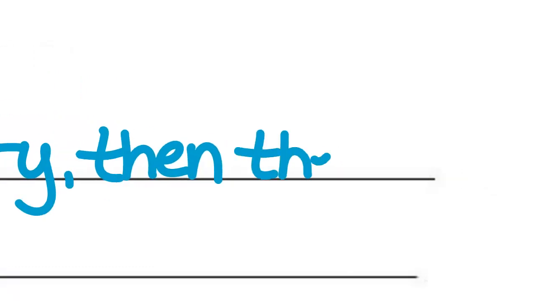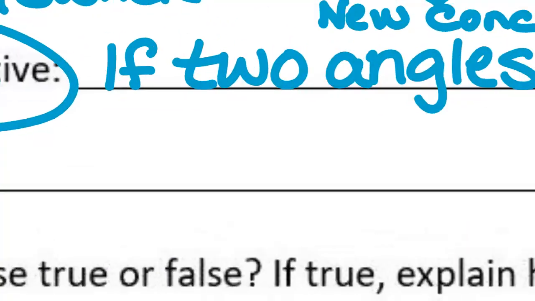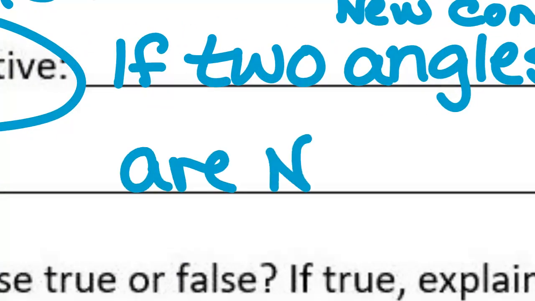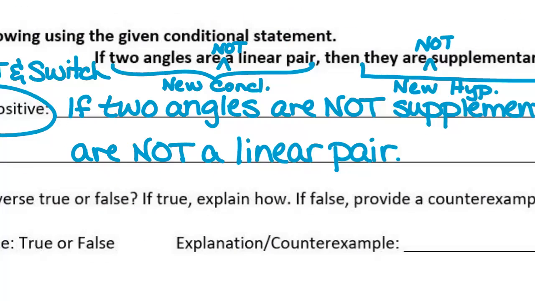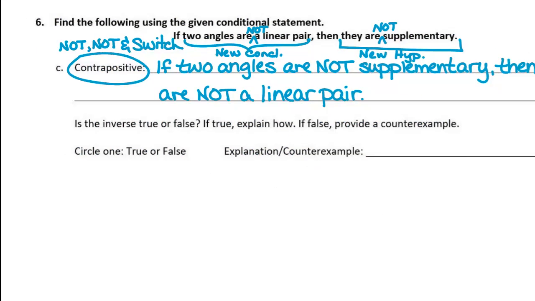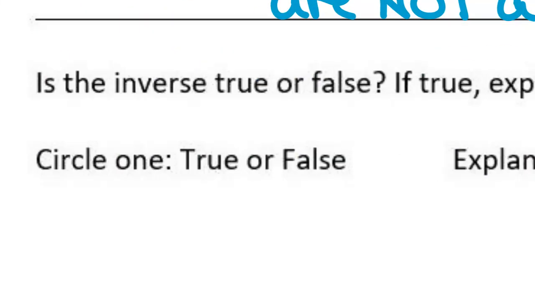Then they are not a linear pair. All right, let's determine the truth value on this. If I have two angles that do not add up to 180, could they form a linear pair? No. So this is a true statement. If they're not supplementary, they cannot be a linear pair.